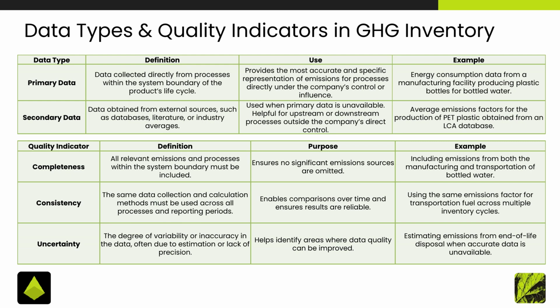Let's explore the types of data and quality indicators in greenhouse gas inventories. Primary data directly from processes offers precise emissions representations like energy used in manufacturing plastic bottles. It's pivotal for authenticity. Secondary data comes from external databases when primary data isn't available. It's useful for upstream processes out of a company's control, like emission factors for producing PET plastic.